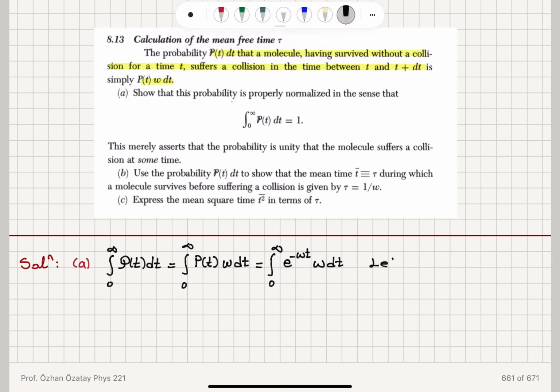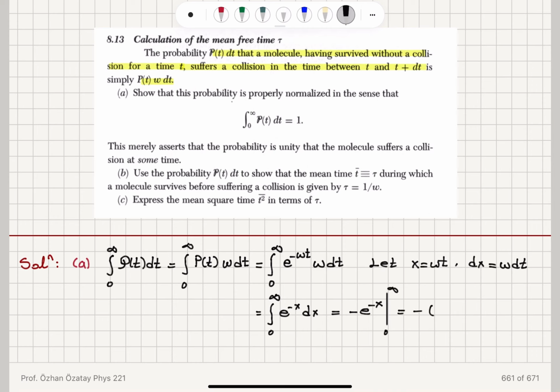Now let's have omega t equals x, so that dx is omega dt. So when t is equal to 0, x is equal to 0. When t is equal to infinity, x is equal to infinity. E to the minus x times omega dt is dx, and this integral is minus e to the minus x evaluated between the limits x equals 0 and x equals infinity.